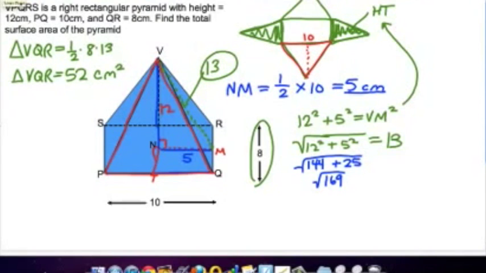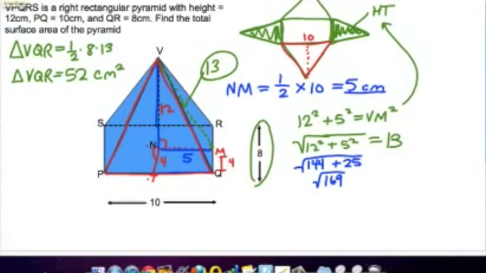So we go back to the diagonal that we've created, and I know MQ is the same as MT. So MQ is half the distance of QR, which means this distance is 4, which means this distance over here from the center to the side length is also 4. So now I'm dealing with a different triangle in red.